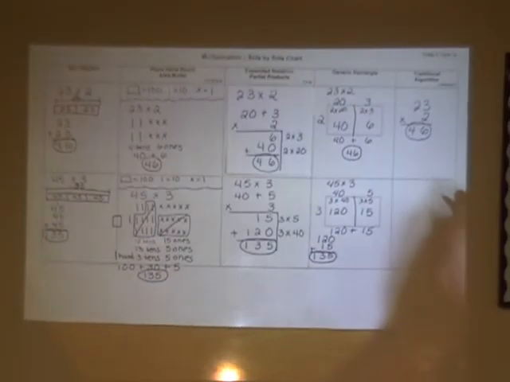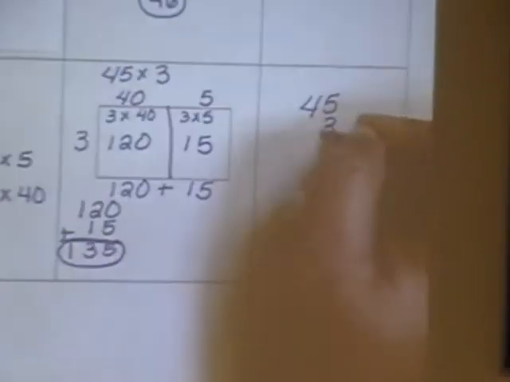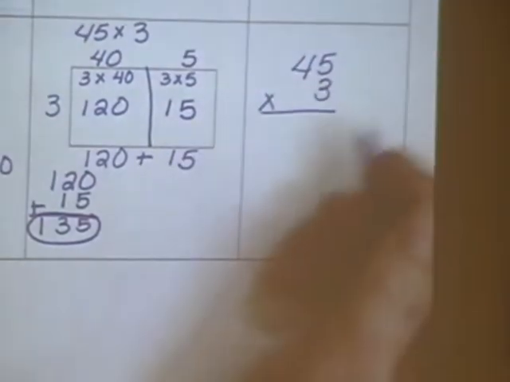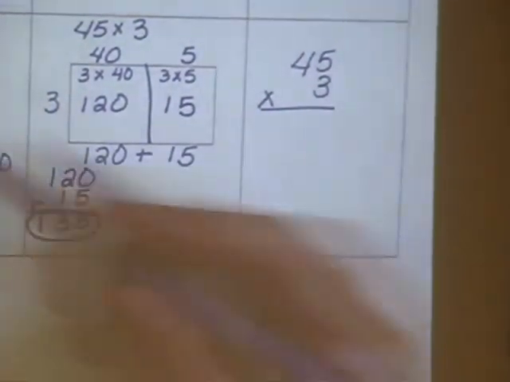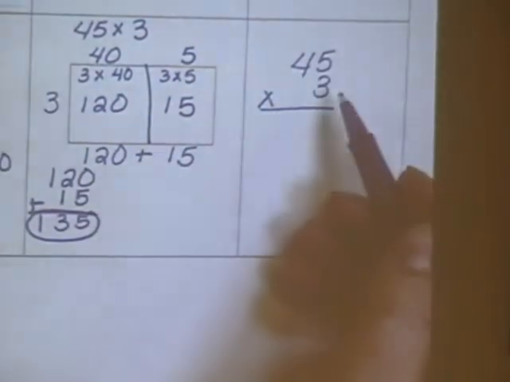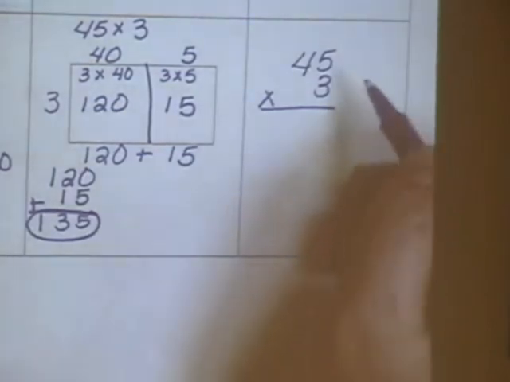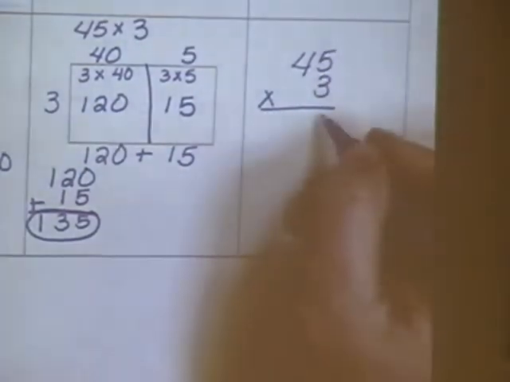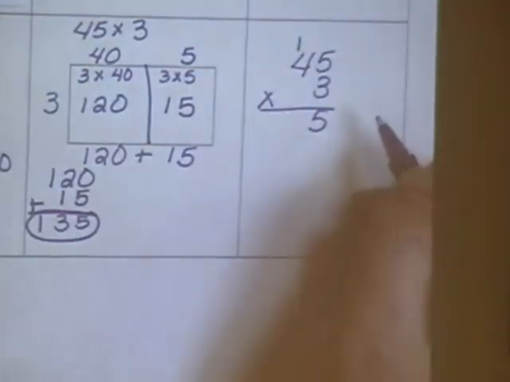We're finally back to that traditional algorithm, 45 times 3. It's important to note the reason we don't skip right to this algorithm is that the children need the background and the fundamentals of all the other steps to truly understand what they're doing. This algorithm is a shortcut. We're saying 3 times 5 is 15. The 5 goes down and we regroup the ones.